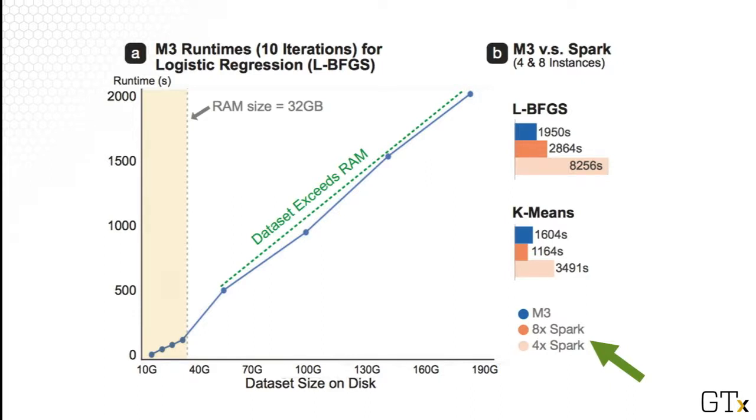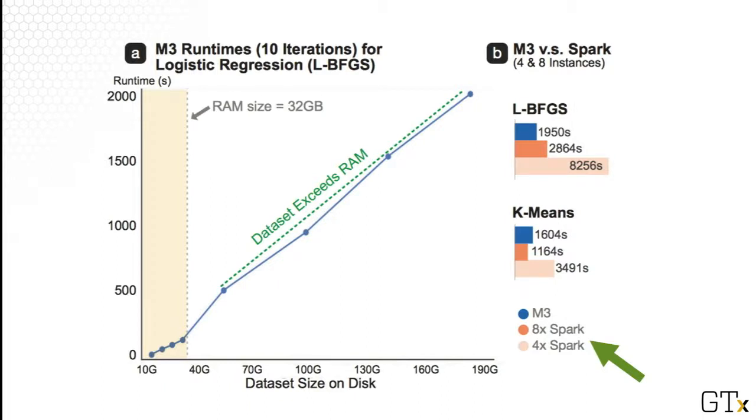We're looking at the runtime of the logistic regression algorithm, specifically using LBFGS as the optimization routine. Here the blue line shows you how well M3 scales. It's roughly linear. That means even after the data exceeds the memory size, which is 32 gigabytes, it can still work all the way up to about 200 gigabytes. And the scaling is almost linear, which is fantastic.